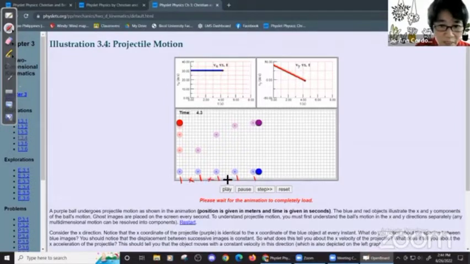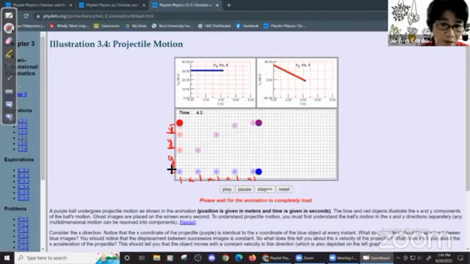Equal intervals yan. Pero mapapansin niyo po yung ating y, you start out with a large y, moving to a smaller y, and to an even smaller y. So ang question is, kung sa x, bakit pantay-pantay ang distance covered? Dito sa y, bakit ang y natin ay paliit ng paliit in terms ng distance covered?